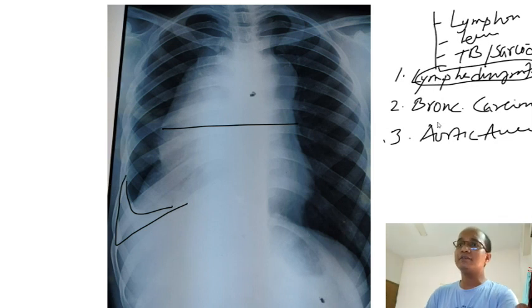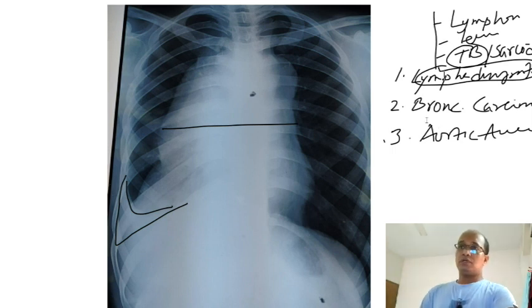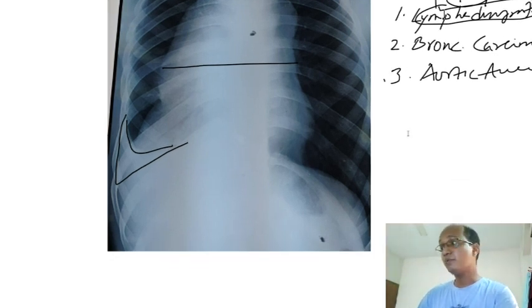In this patient there is also a right-sided mild pleural effusion, so this may be a case of tuberculosis. As we don't know the clinical scenario, we know only the X-ray. So this is the first one. I think this X-ray will be useful for you.